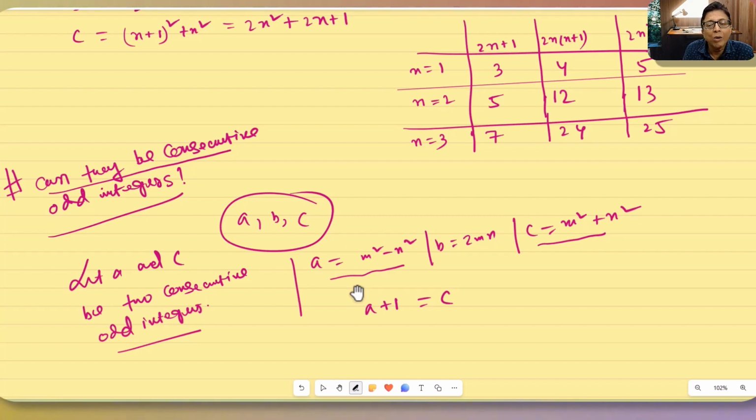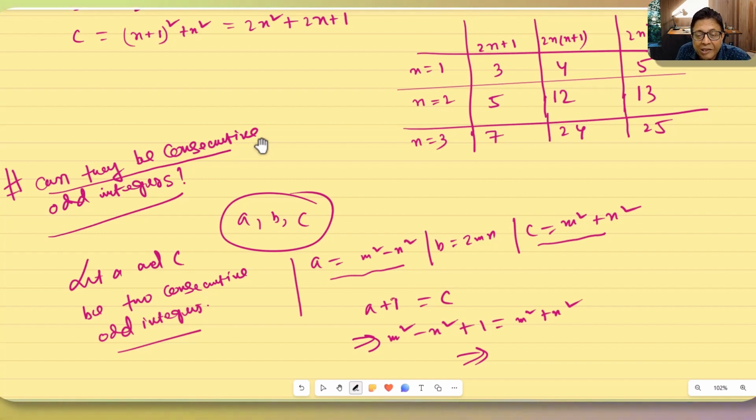So a plus 1 must be equal to c. This implies that m square minus n square plus 1 equals m square plus n square. What does this imply? Just a minute. No, they are not consecutive integers, they are consecutive odd integers. So this will be plus 2 over there. What does this imply? m square gets cancelled.